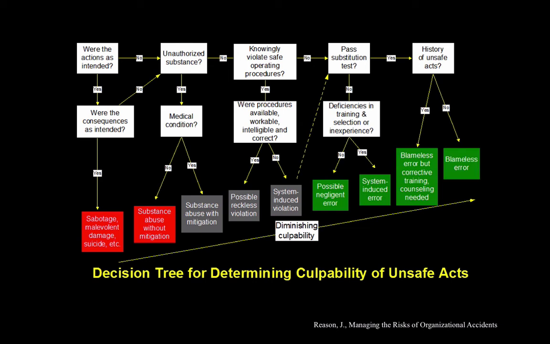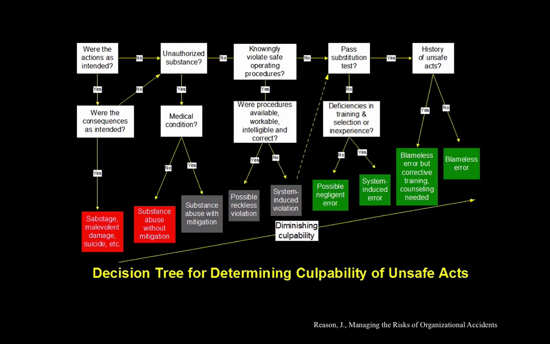And so if you answer yes to the first question on the left, then you also have to ask, if the actions were as intended, were the consequences as intended as well? If you answer yes to both questions, that means it was a deliberate act of that person, which is usually very, very rare in healthcare. People intentionally trying to harm themselves or others is very rare. Now, the second is if the person is under the influence of unauthorized substances like alcohol or illegal drugs, you then have to ask, was it required due to a medical condition?